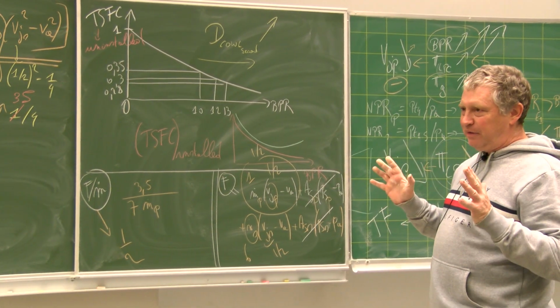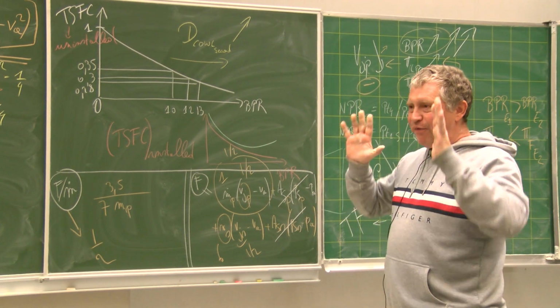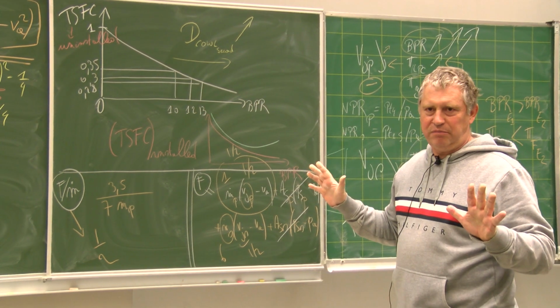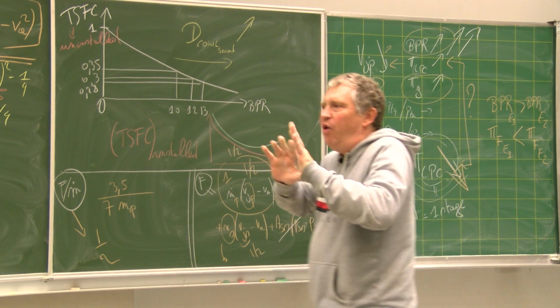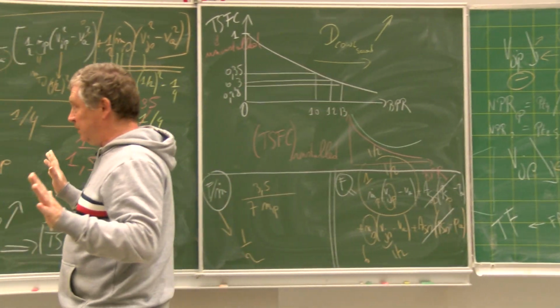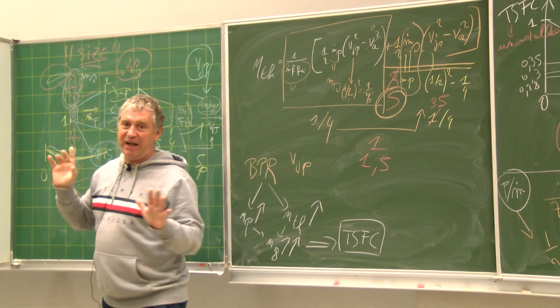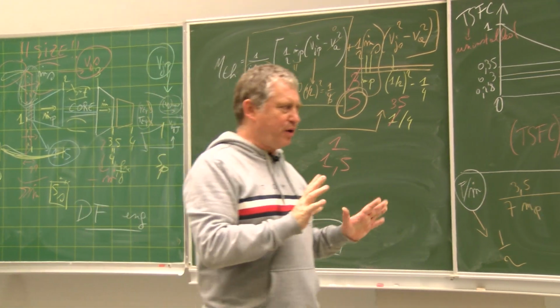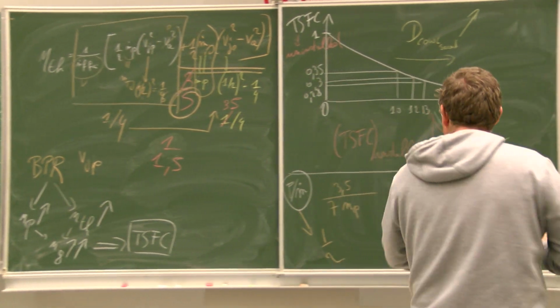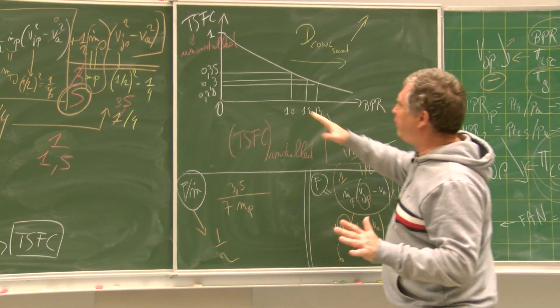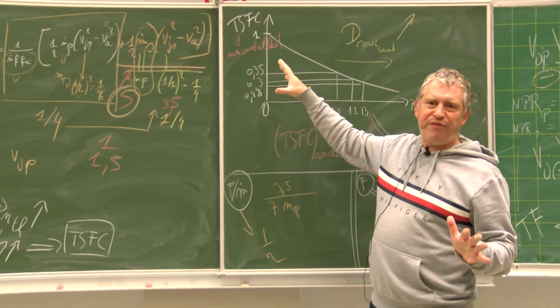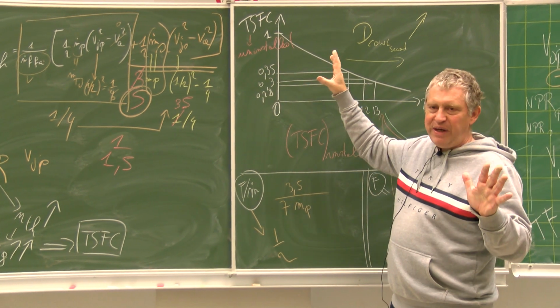we have really invented a new engine. We have almost done nothing because we have just added a kind of bypass around. But when you look at the performance, it's very different. We have reduced the TSFC by a factor of more than 3.